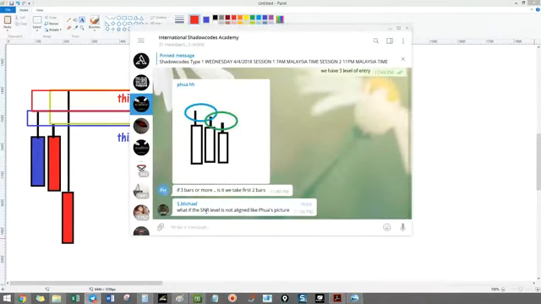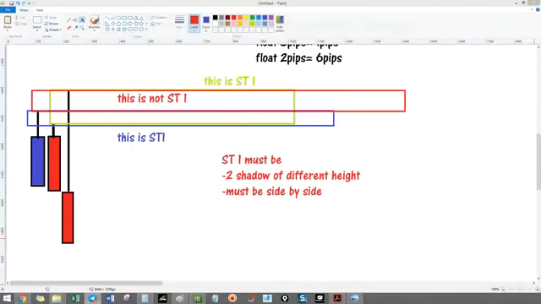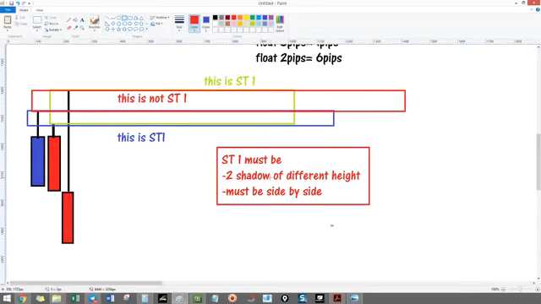What if the SNR level is not aligned like in the picture? SNR level we only use at the peak. If you take over here, you will not take the SNR. We only take the SNR if we have the bull and bear candle. So must have this one. ST1 must have two shadows of different height, side by side.